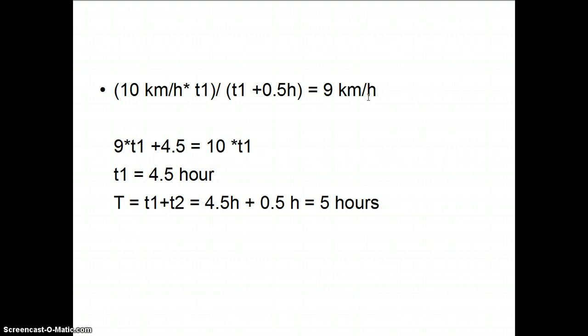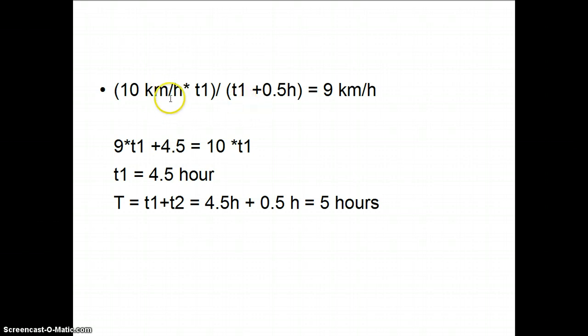This is usually the part that students have a tough time with, because usually you're calculating the 9 kilometers an hour, and also this trick of saying that speed multiplied by time is a distance makes you wonder, wait a minute, why are we doing that? But if you look at the equation now, it hopefully makes some sense. I've only got T1, the time we spend driving, in the equation. One equation, one unknown, and I can solve for that. So now it becomes an algebra problem.